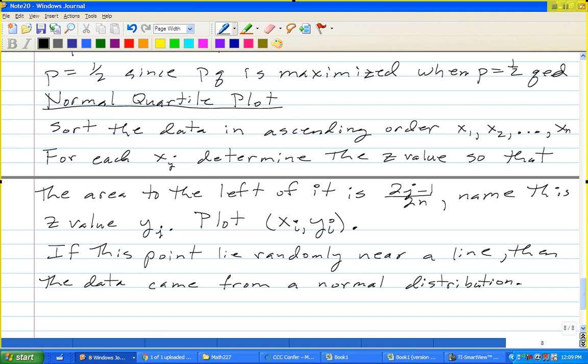Okay, and of course, there will be programs that will actually do this for you. That really finishes off chapter 6. So let me go on to chapter 7.